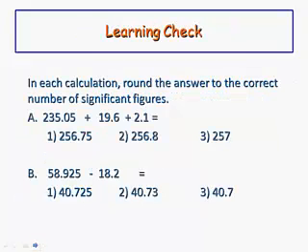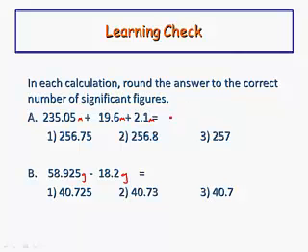Okay, now let's look at these, and again let's just imagine we're adding meters here, and we'll make these grams. So we have some units on there. Okay, so we have 235.05. I'm entering this in my calculator, the same way you should be doing right now. Then 2.1.